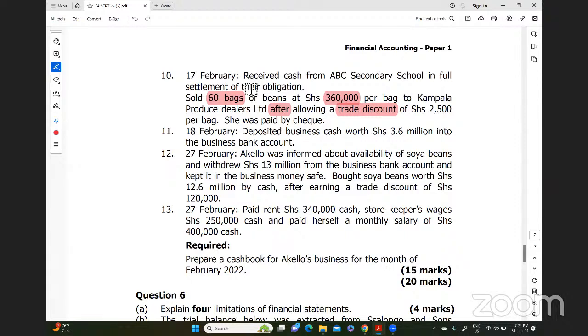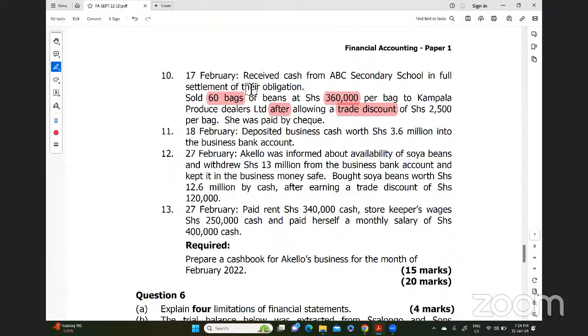That money there is the money that they were supposed to pay, and this is the money that we actually received, because the 360,000 per bag was after the discount. If it was before the discount, then we would reduce the discount and receive the remaining, but don't record the discount under discount allowed. It is a trade discount, but it is after the discount. So the 360,000 is the actual money that they will pay us per bag.